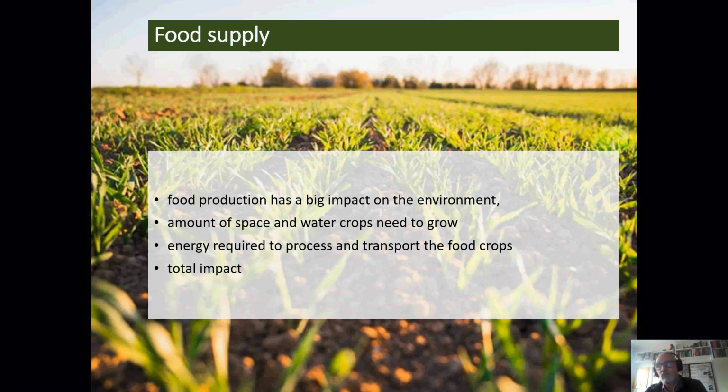So one of the things we may look at in a later session is food supply from local initiatives in cities, the so-called sustainable cities.